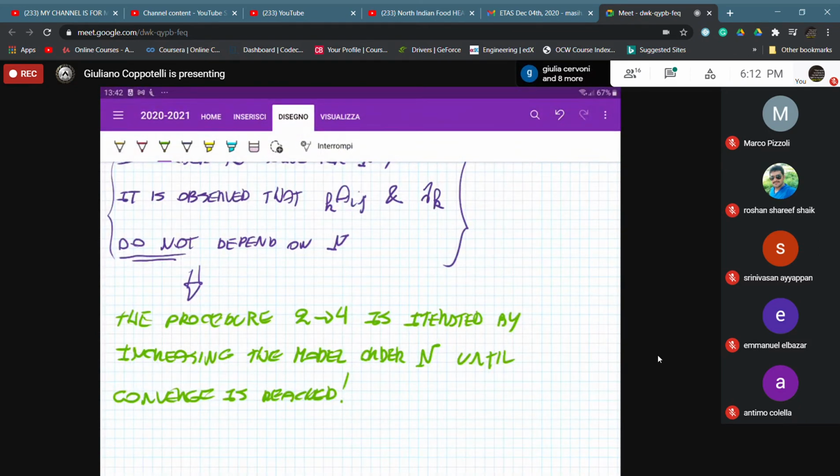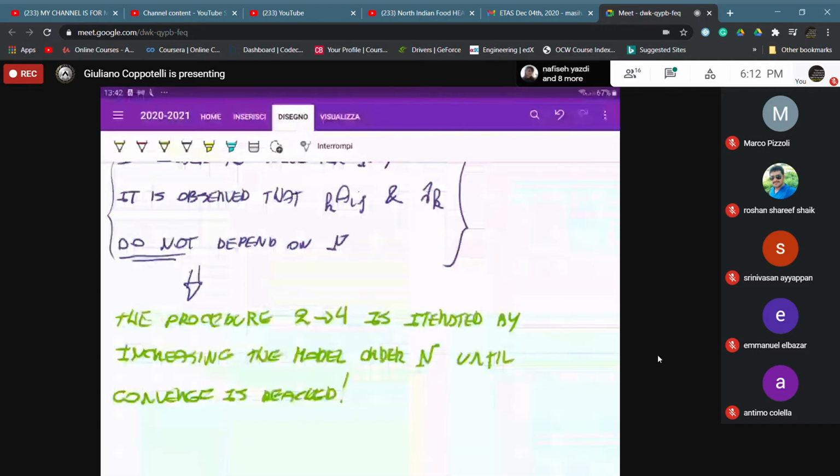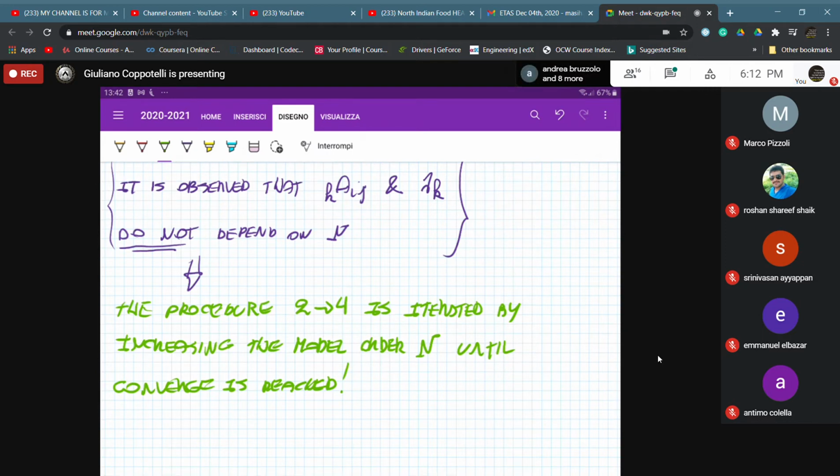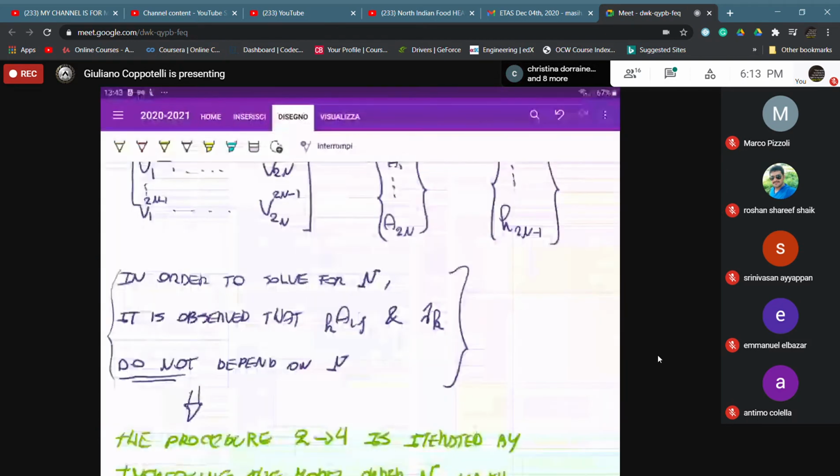So by iterating, that is by increasing this n, the model order, we are going to look if there are some model orders in which the model parameters are not changing by increasing the model order. If that is true, it means that your solution is not depending on the model order itself, okay? And therefore, if the solution is not dependent on the model order itself, then we are in the physical condition.